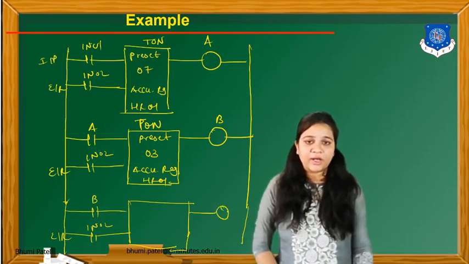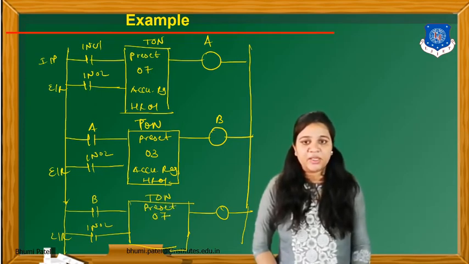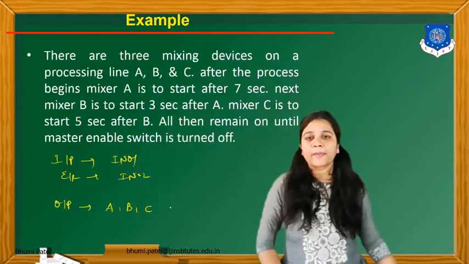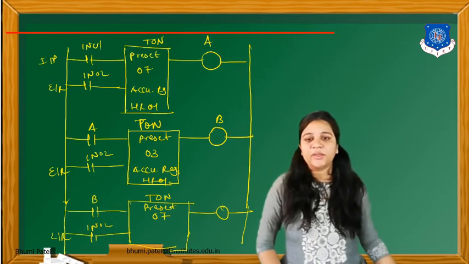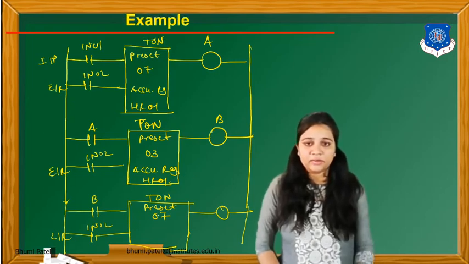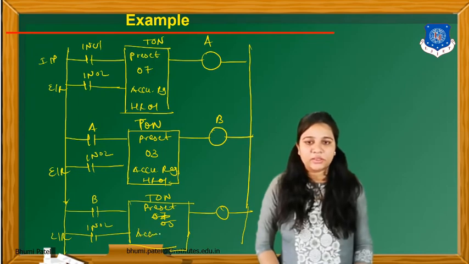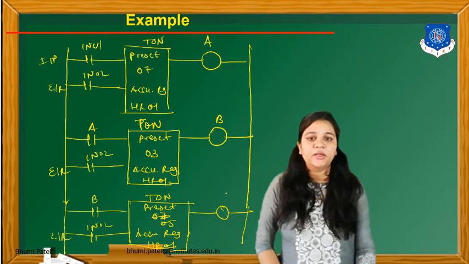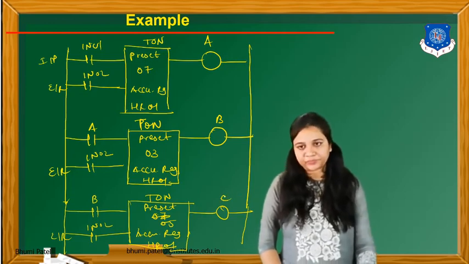So this is my output T-on timer. We can take the preset value for C, it will be given 5 seconds. So we can write here 05 and accumulator register HR01, and this is my output C.